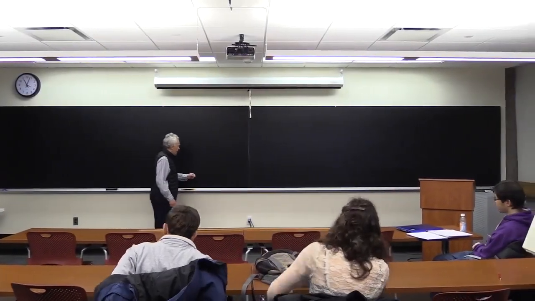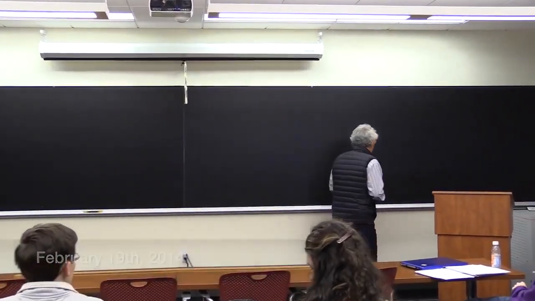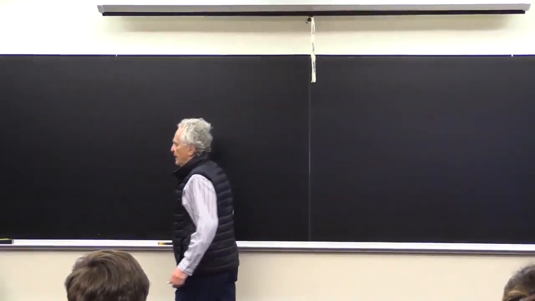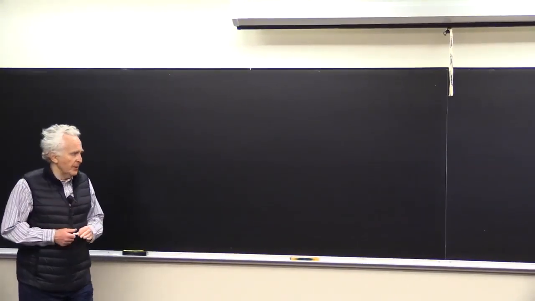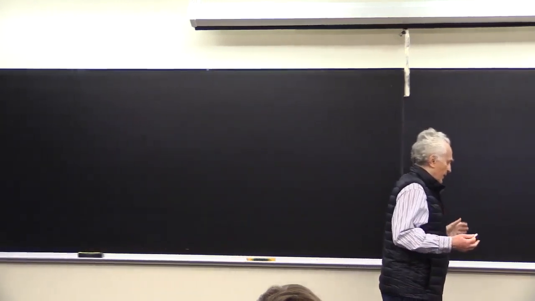We began to discuss last time various forms of the variational principles, and basically the logic was that we want to describe some physical situation. We assume that there is a certain symmetry.